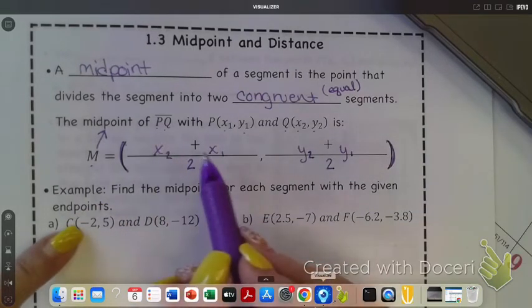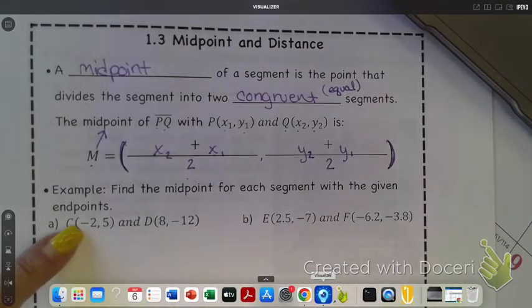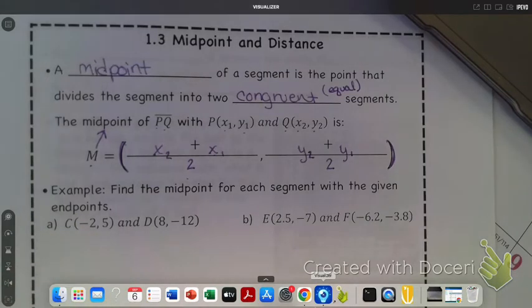When I add two things together and divide by 2, what am I finding? In any math, not just geometry, I add 6 numbers together and I divide by 6. I add 10 numbers together, I divide by 10. What am I finding?